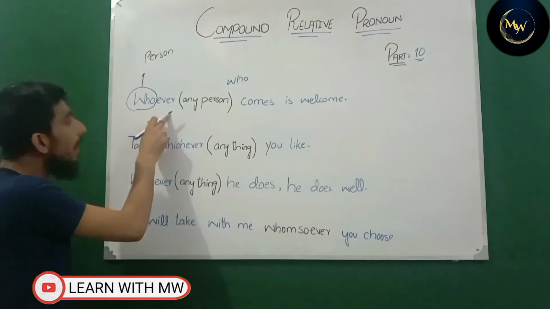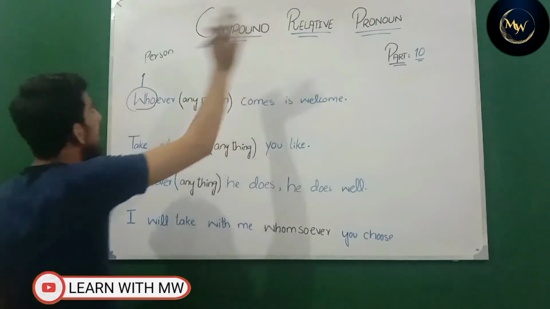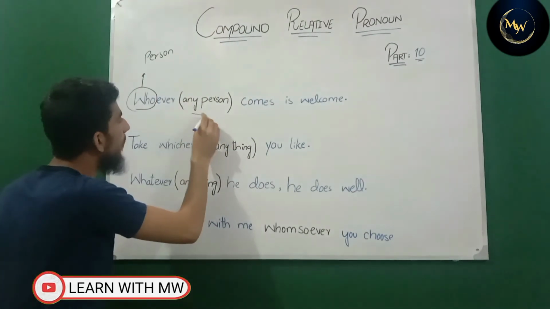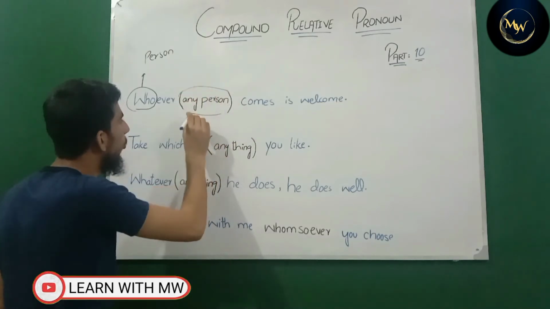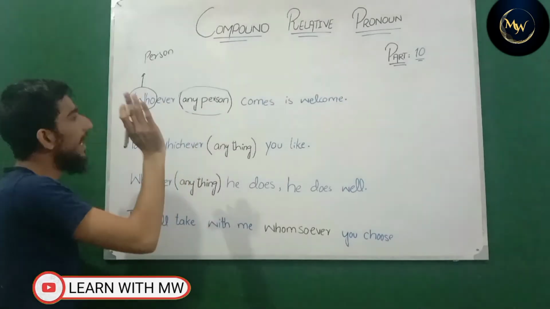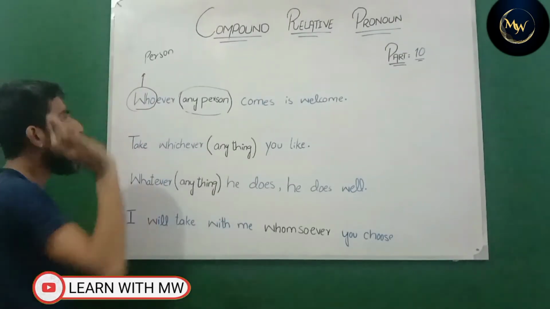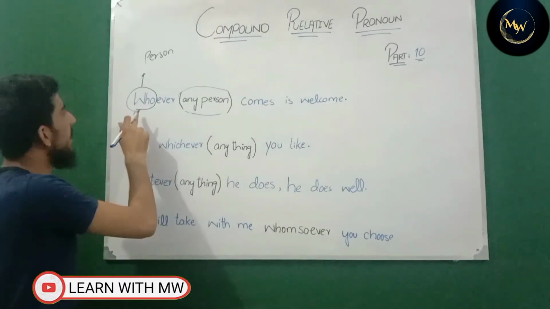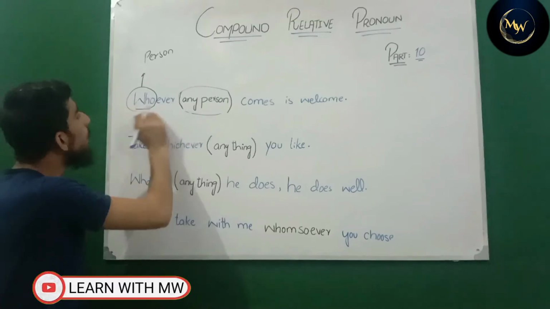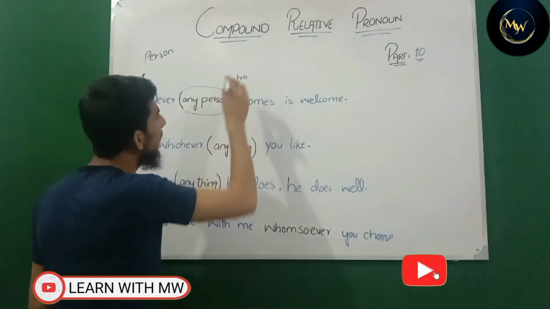But if I write whoever, there is no need to write any person, but to remind that the relative pronoun who is used for a person in English grammar, the sentence will be: whoever comes is welcome. Removing whoever, the sentence would be: any person who comes is welcome.